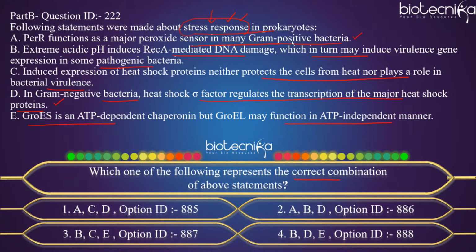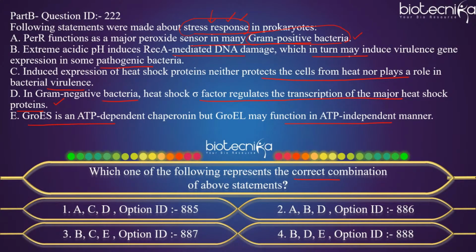Hydrogen peroxide acts as a stress for the bacteria, so PerR can sense the hydrogen peroxide and will activate the antioxidant mechanism in the bacteria. So option A will be correct.